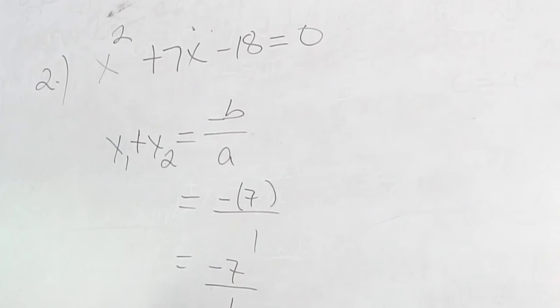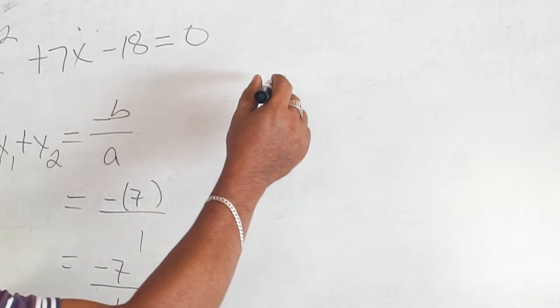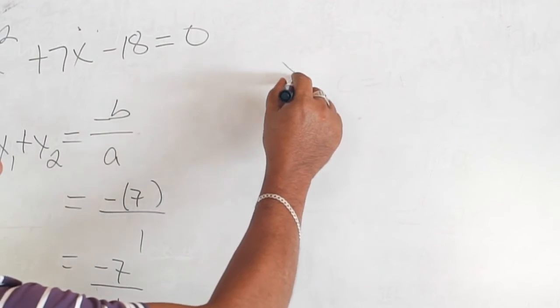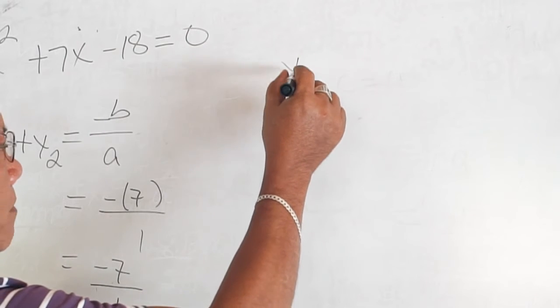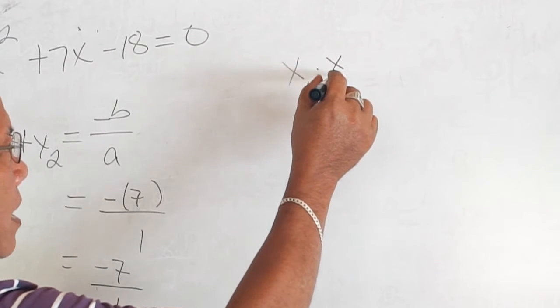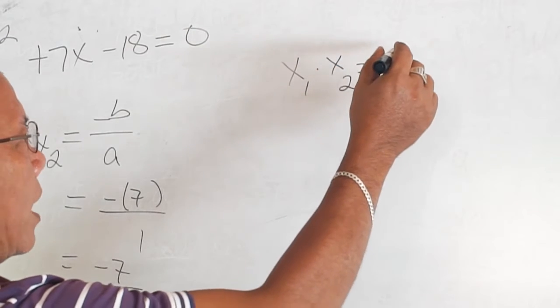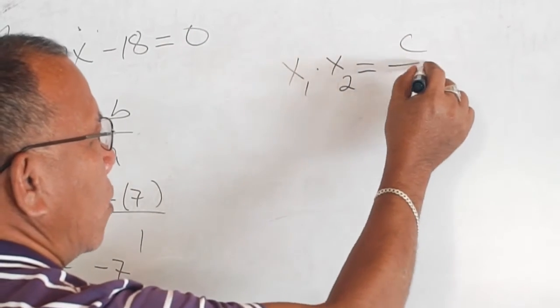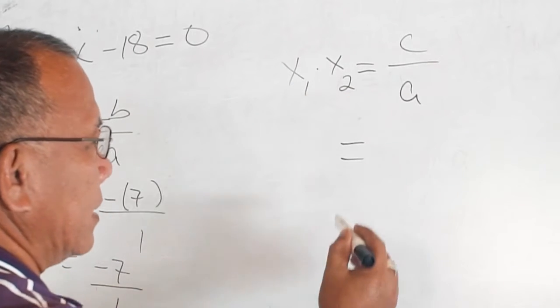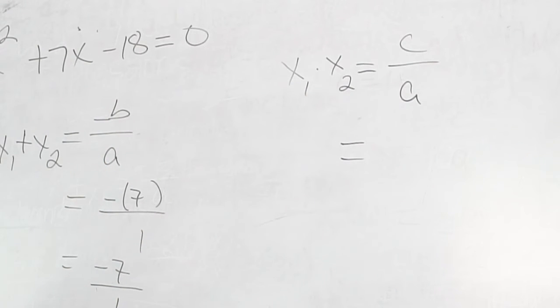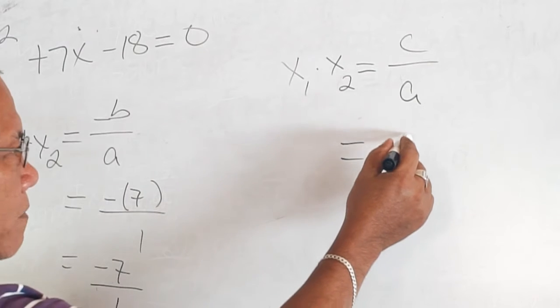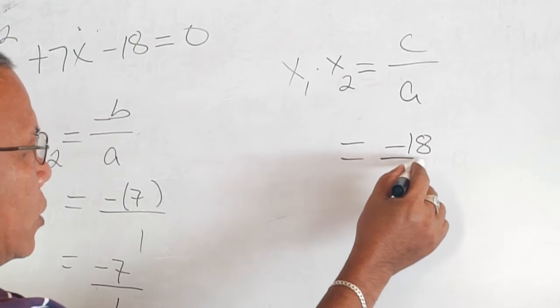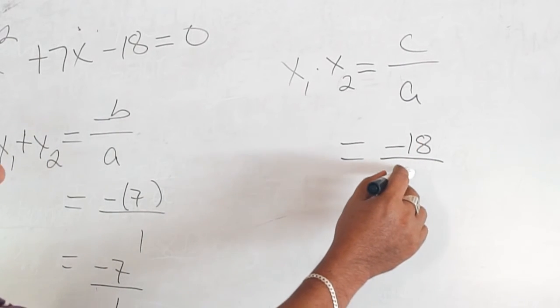Then this time, you have to find the product. So we have x sub 1 times x sub 2 equals c over a. Then substitute: the value of c is negative 18 and the value of a is 1.